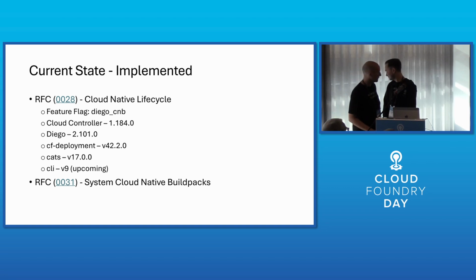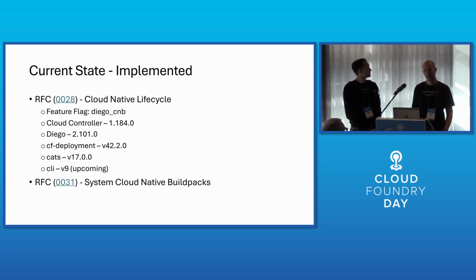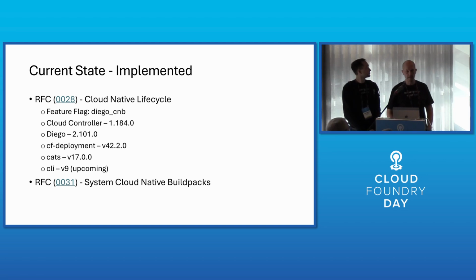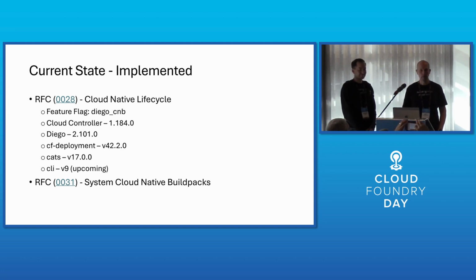And then just an overview of the current state. The heading is a bit misleading, because the second RFC is not implemented but accepted, but the first one is fully implemented. So we introduced a feature flag, and we also changed the cloud controller so that the new manifest property can be interpreted.